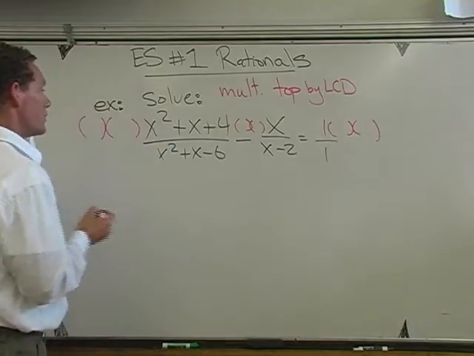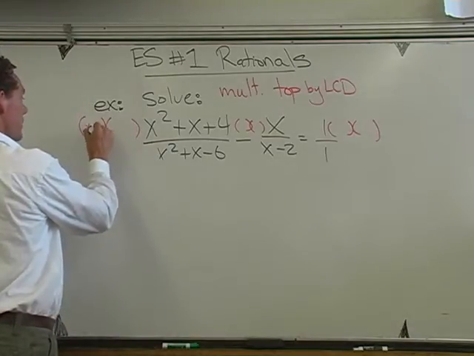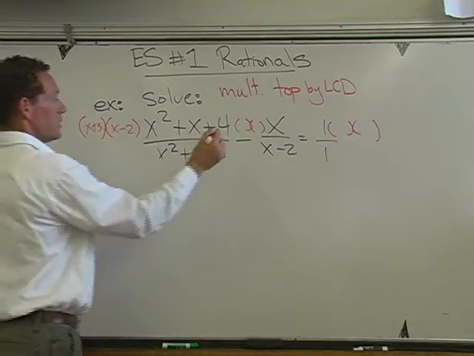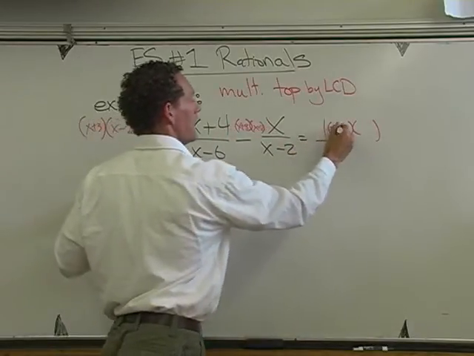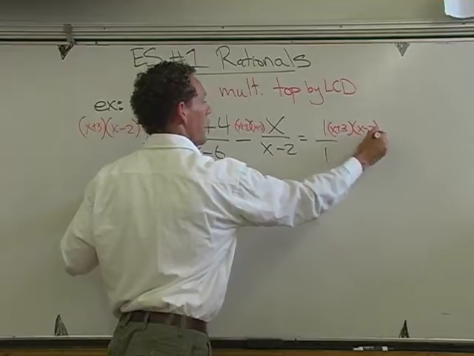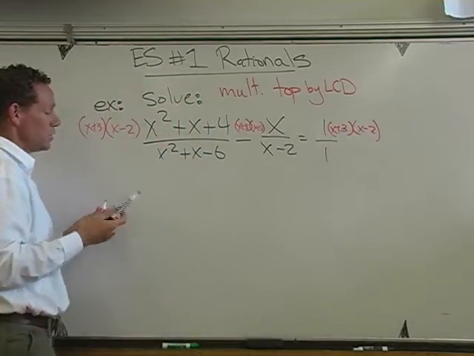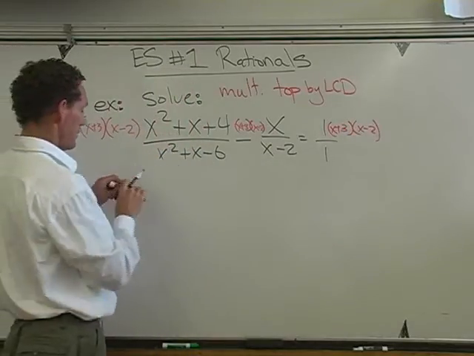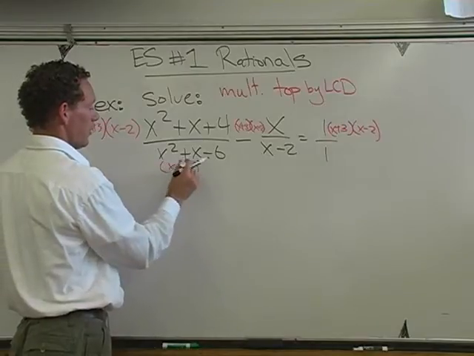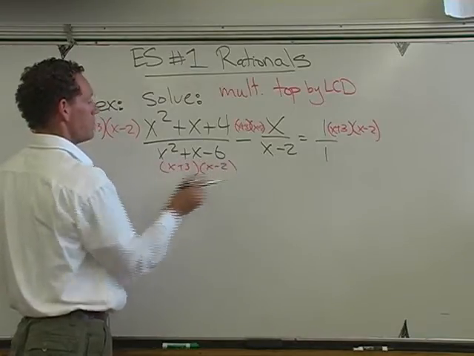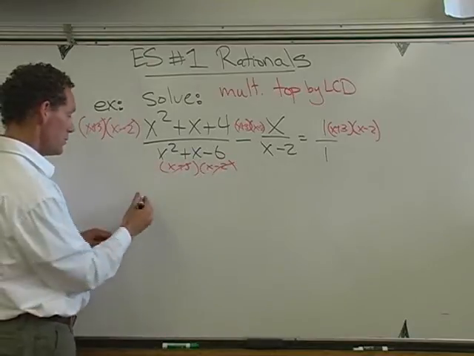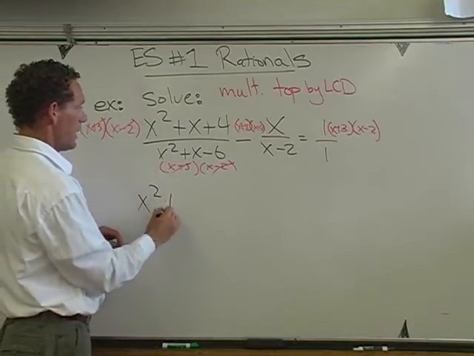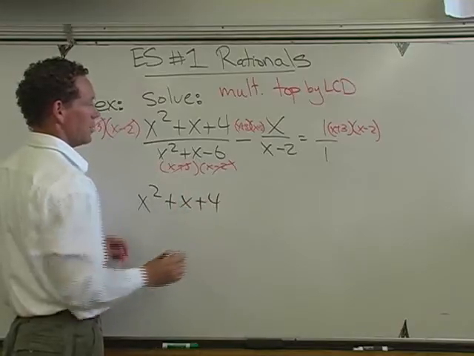Okay. So maybe I'll write this in. We had x plus 3 times x minus 2, and x plus 3 times x minus 2, and x plus 3 times x minus 2. So after canceling in factored form, the x plus 3's cancel, the x minus 2's cancel, and we have x squared plus x plus 4.